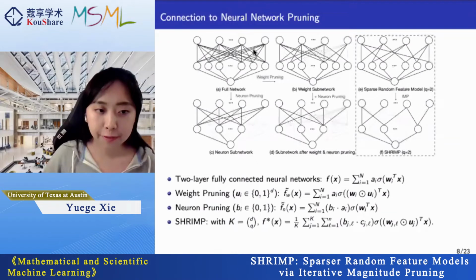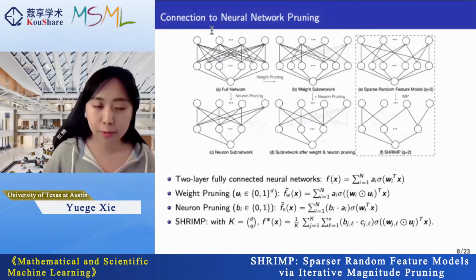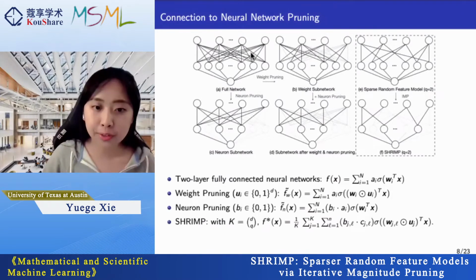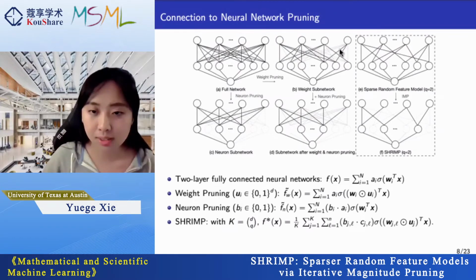For this kind of process, we can draw the connection to neural network pruning. For neural network pruning, we can divide the pruning process into two categories. The first one is weight pruning. That means we only keep some weights between the two layers, and the gray part is the interactions we discard.